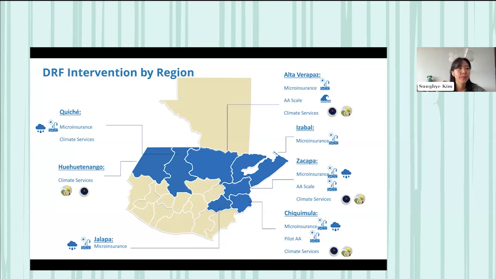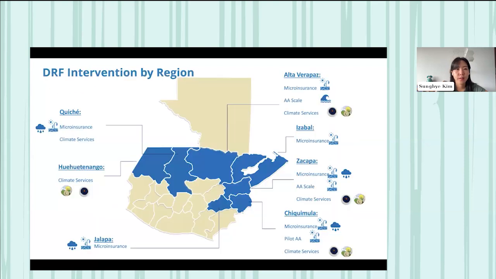Since 2021, we've piloted microinsurance here in the Chiquimula region. And last year, we piloted anticipatory action also in Chiquimula. We'll see this in detail as we move on in the presentation.